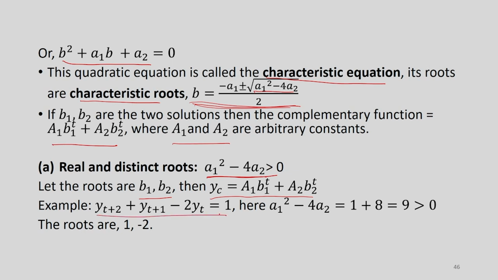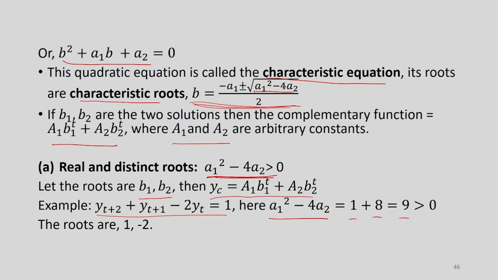Suppose this is the difference equation that is given to us: y(t+2) plus y(t+1) minus 2y(t) is equal to 1. Here, what is a1 square minus 4 a2? It turns out to be 1 plus 8, which is equal to 9, and which is, as we know, positive. So, this is the thing that we are talking about.